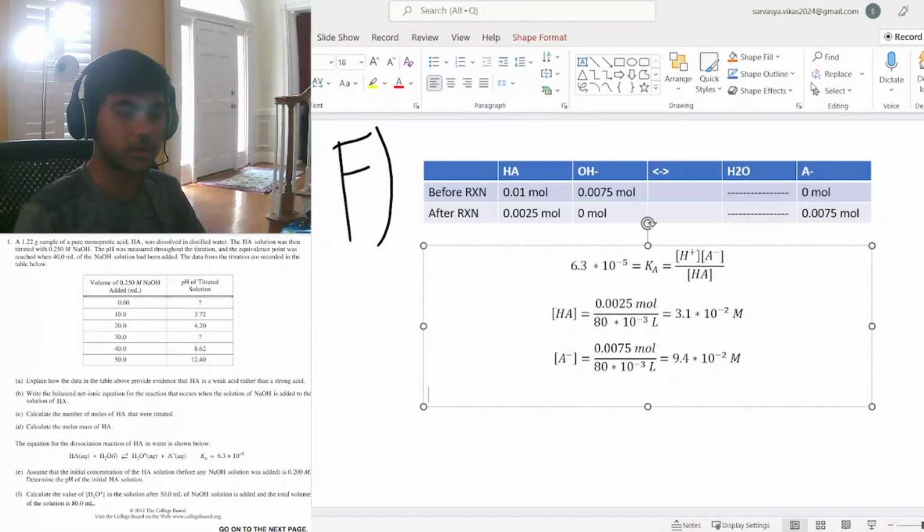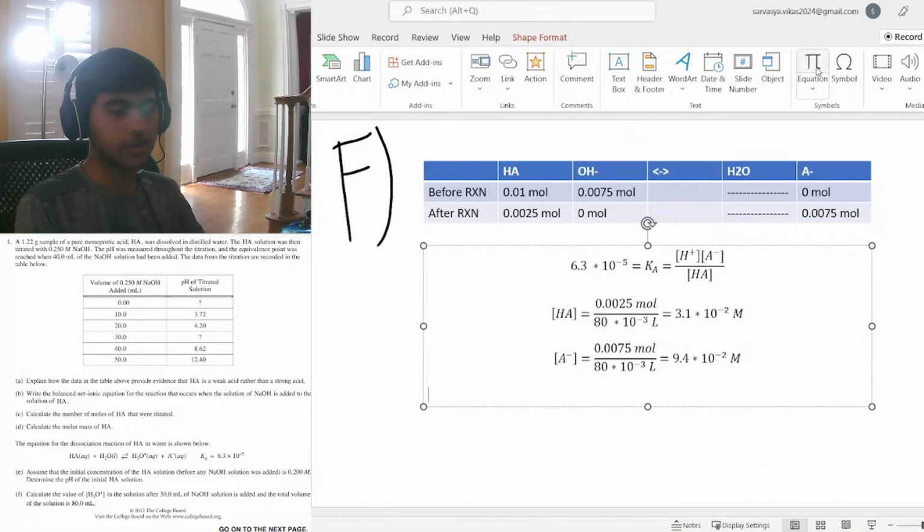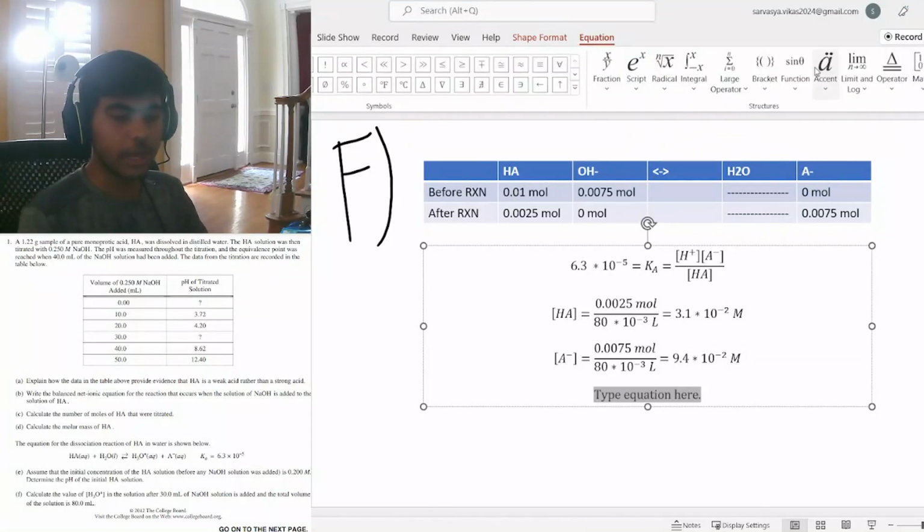So now what do we do? Well, now we know this is our Ka expression, so we can plug in a couple of things. A minus over HA, well, A minus is 3 times that of HA, so this is really just going to be 6.3 times 10 to the negative 5 equals 3 times the concentration of H plus.